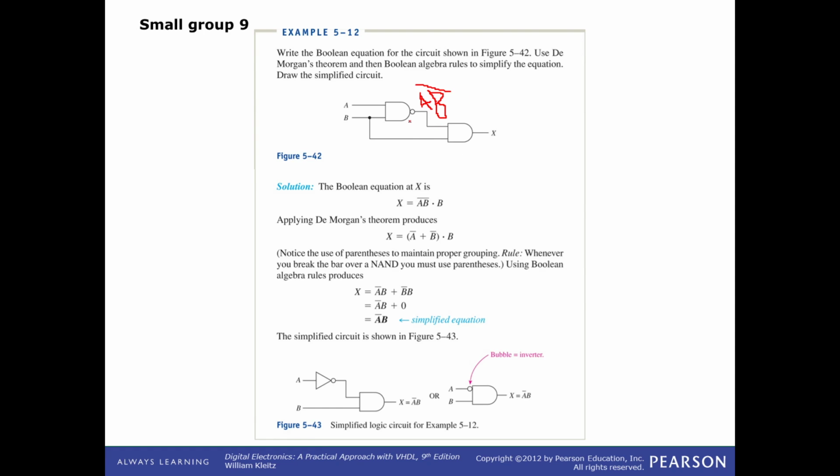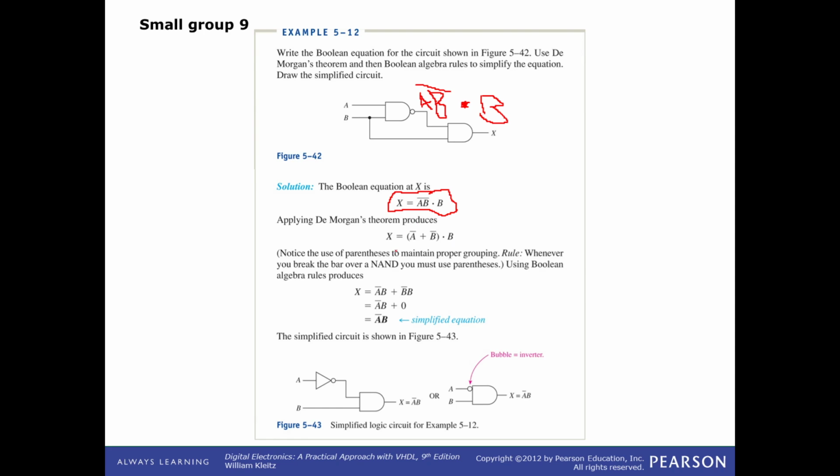And then this gate, the second gate, is that quantity, A NAND B, ANDed with, try and draw a dot, ANDed with just B. So that's the equation that they give you here.